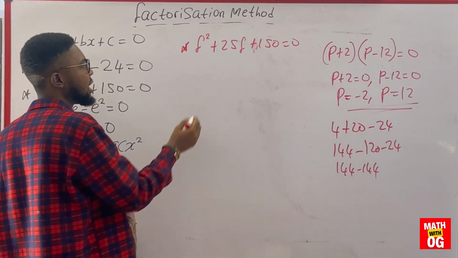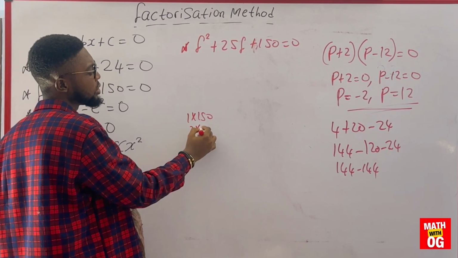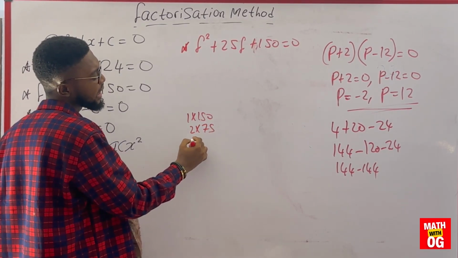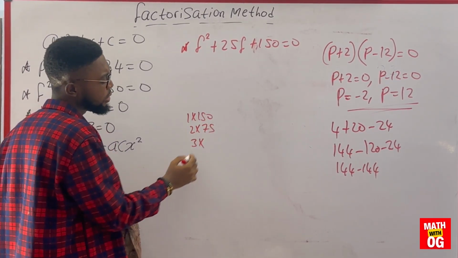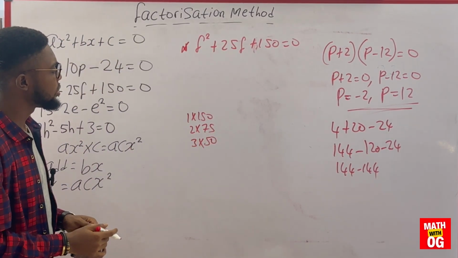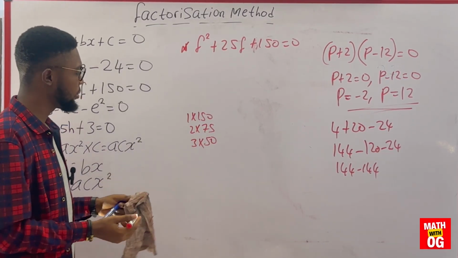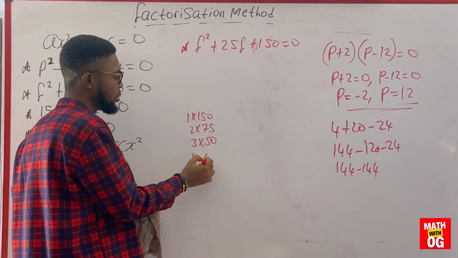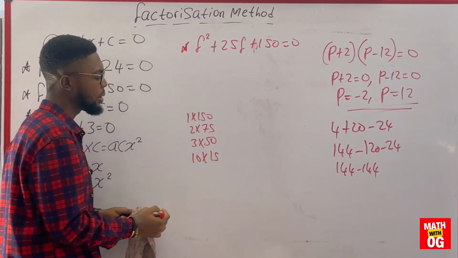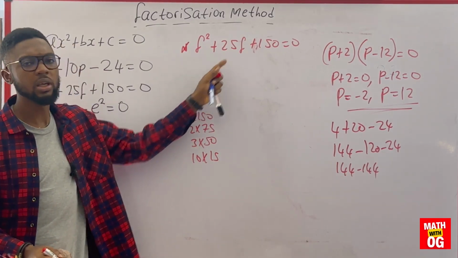I can have 1 multiplied by 150, 2 multiplied by 75, 3 multiplied by 50. I don't need to go into details on all of them. I know that I can have 10 multiplied by 15, which also gives us 150. And it is obvious that 10 plus 15 will give us 25.